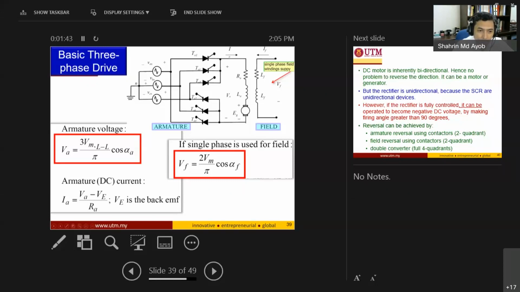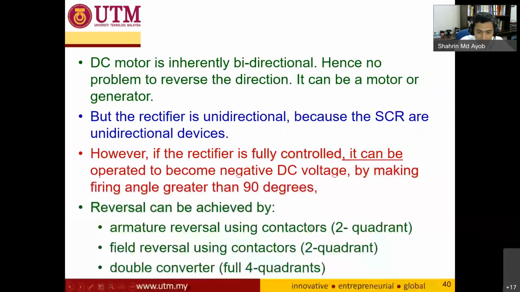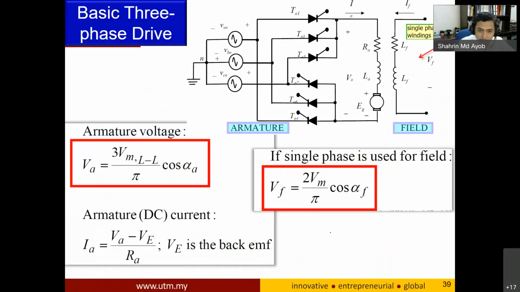In steady state operation, we consider the inductor to be short circuited, because the voltage drop across the inductor equals L di/dt.